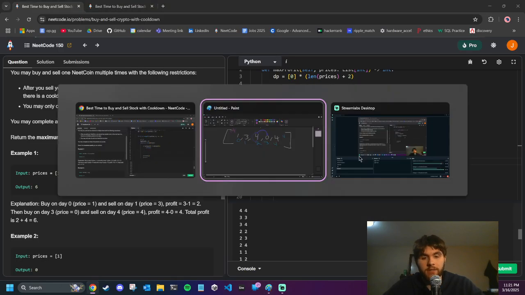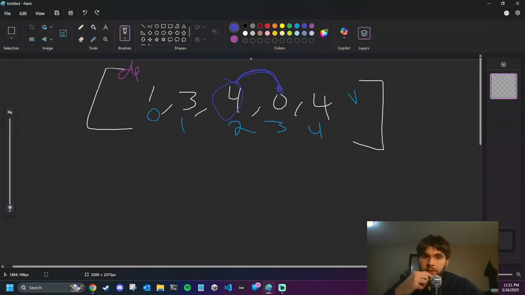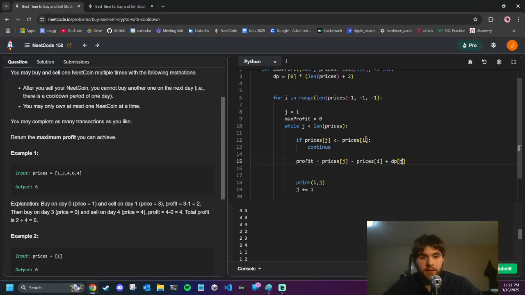Otherwise, if it's greater, then let's calculate what the profit could be. The profit would be equal to prices of j minus prices of i plus dp. Let's say if we sold here, we want to get dp of j plus 2. So we want to get dp of j plus 2. And then we want to set max profit to be equal to max of itself and profit.